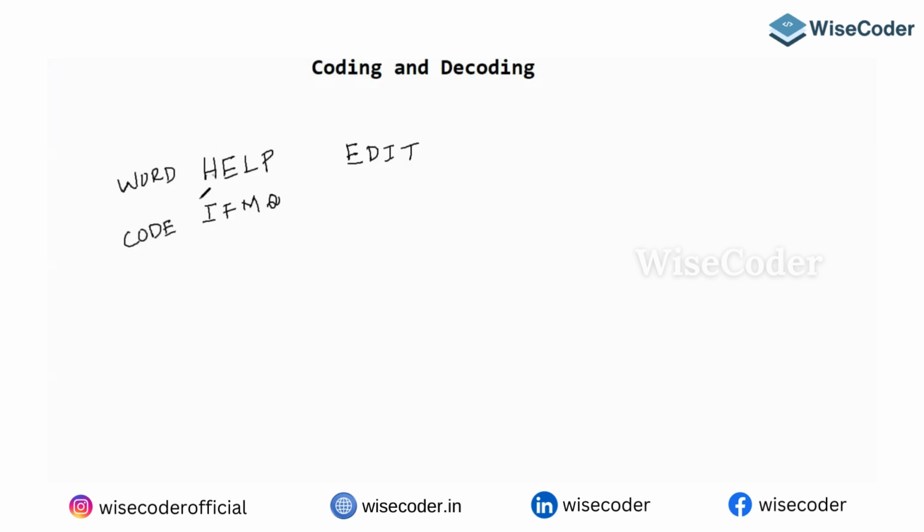Look here, H plus 1, plus 1, plus 1, plus 1. Here also plus 1. E plus 1 is 5 plus 1, 6.